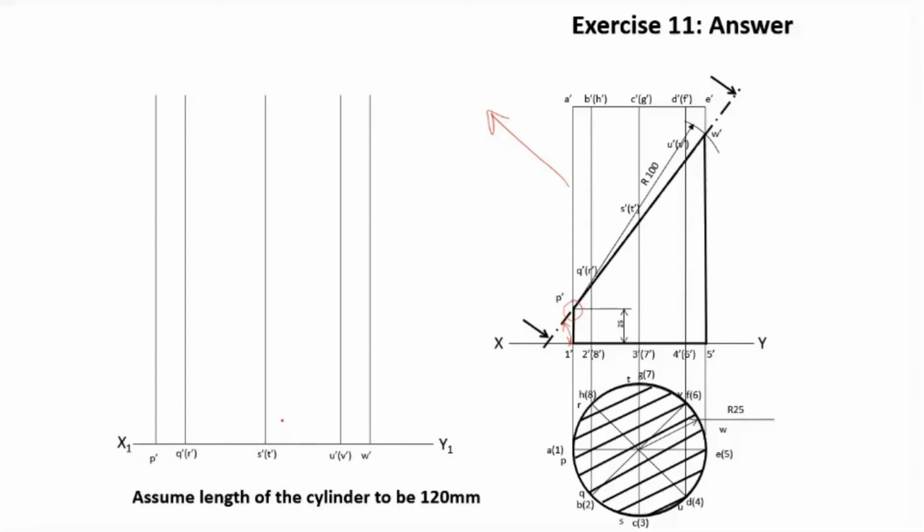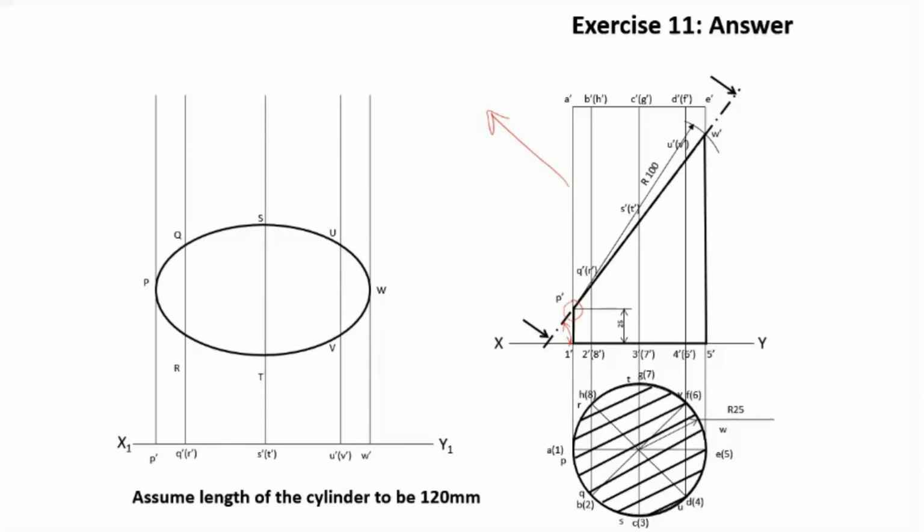And now the distance of the points P from XY line is marked: the distance of P from XY line, Q from XY line, R from XY line, etc. are marked here. Like this, P, Q, R, S, T, U, V, W. Now join all those points to get the shape of the ellipse.